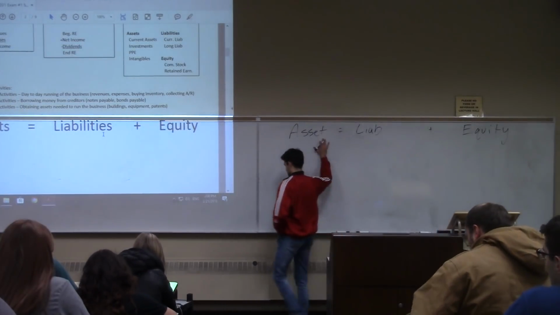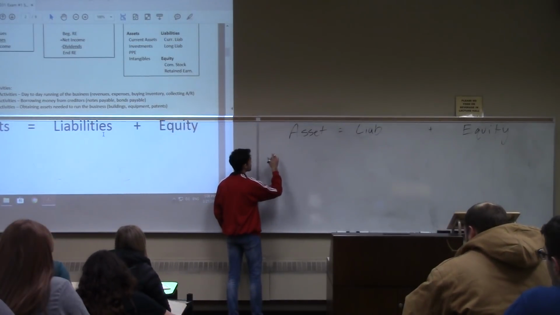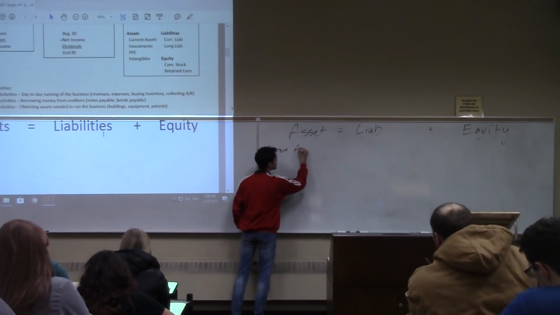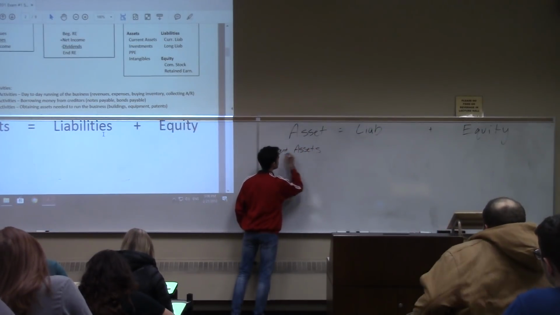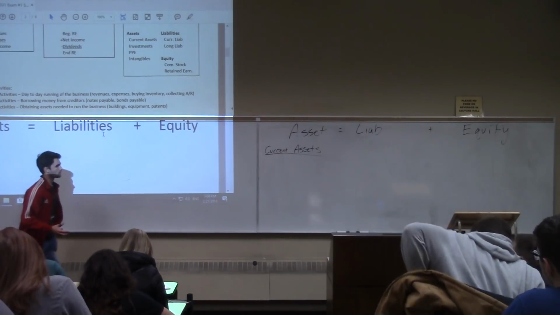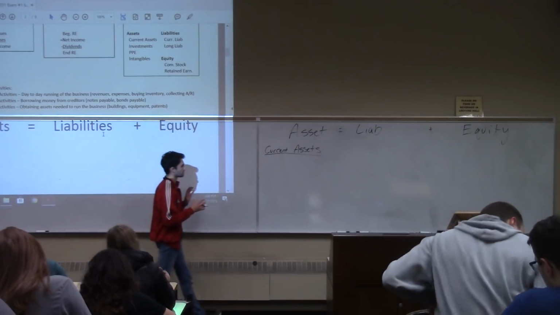Beginning with our assets, we can break them up into four different categories. We've got current assets, which are assets that we're going to use or receive the benefit from within a year.